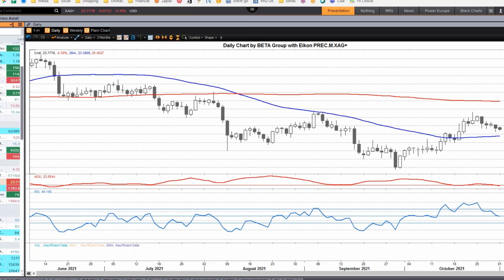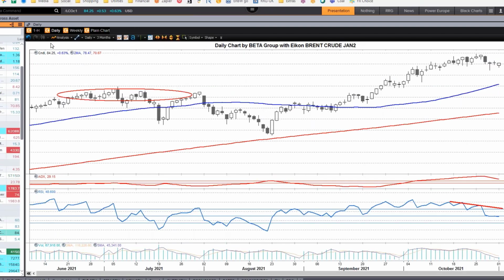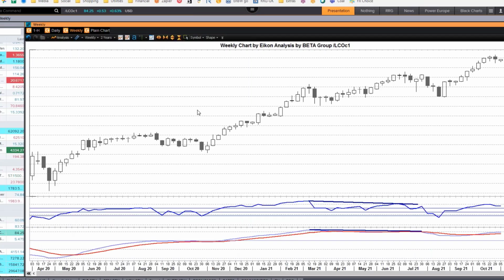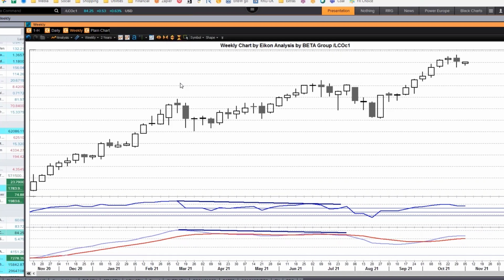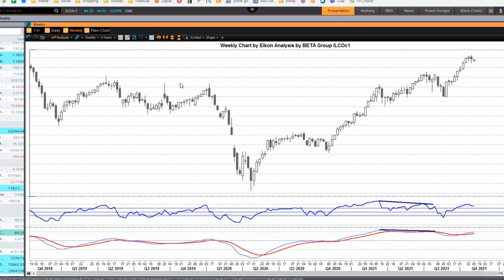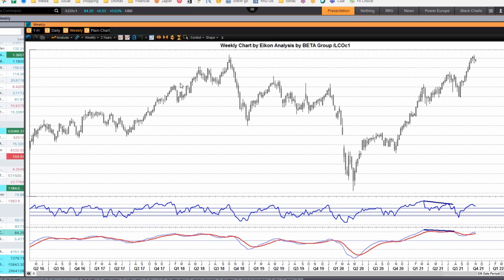Okay, so moving now on to Brent crude oil. Brent crude oil is consolidating at its, let me just bring this in, important 2018 high. There it is, the 2018 high. That's where we're at.